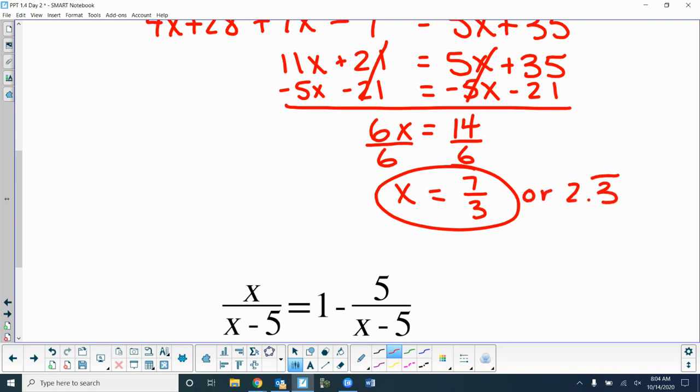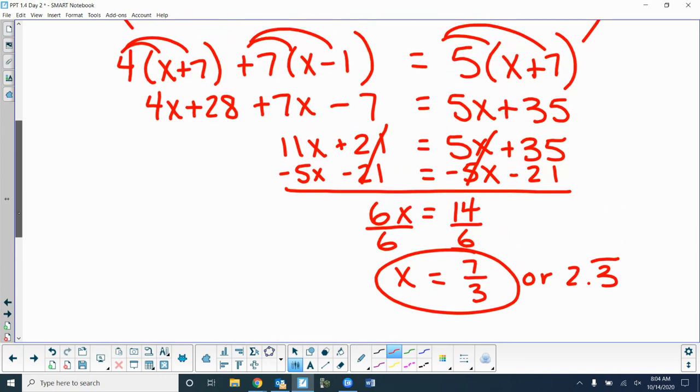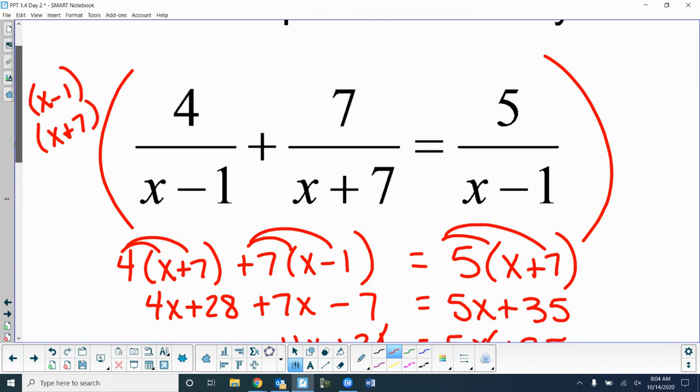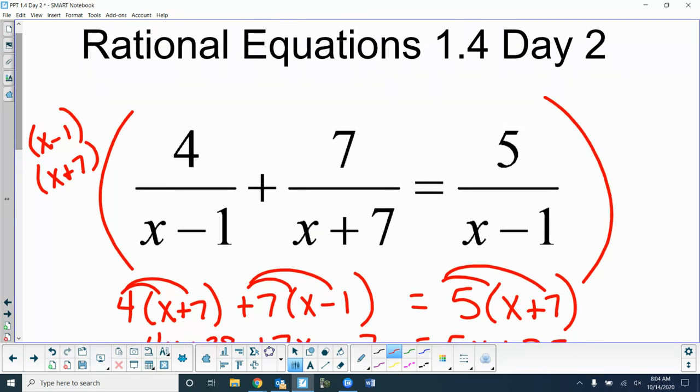Now on these rationals, you always got to check the original problem. Because what are we not allowed to have in the denominator? What are we not allowed to have the denominator equal? A 0, right?